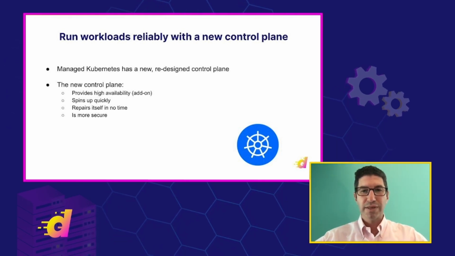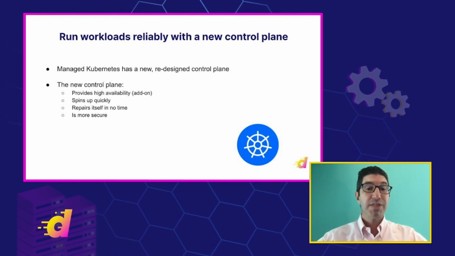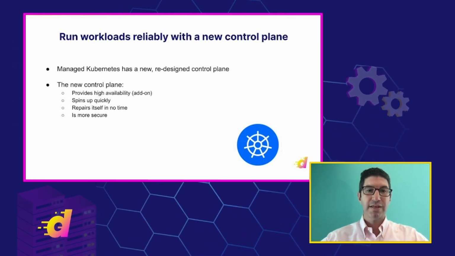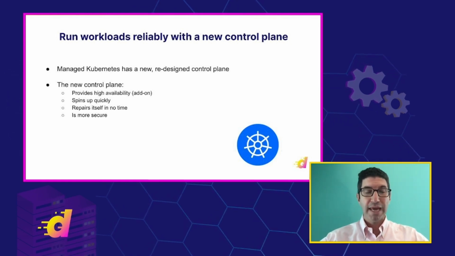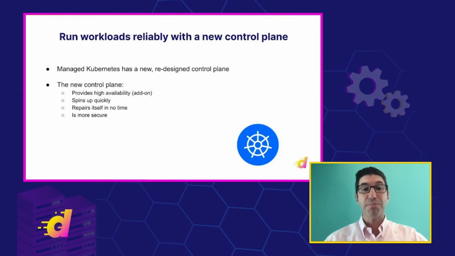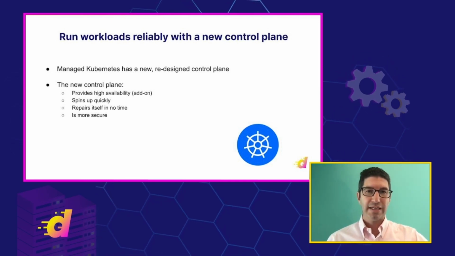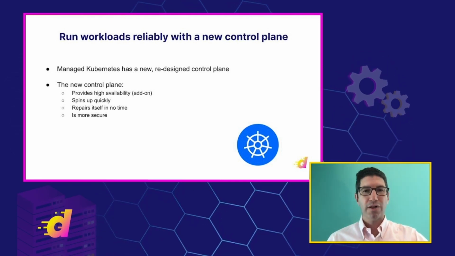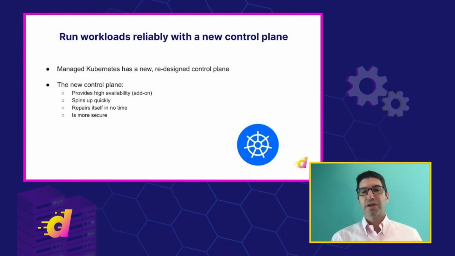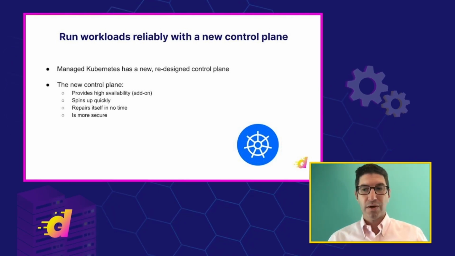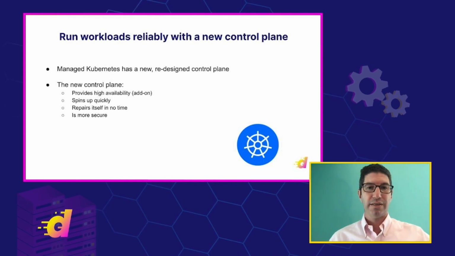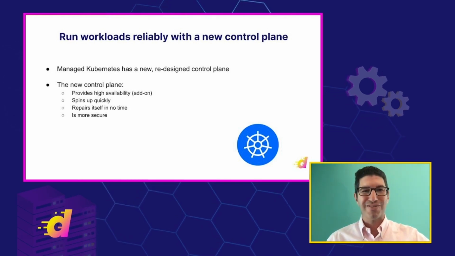So it's really bringing a lot more power and redundancy to DigitalOcean Kubernetes service. In addition, the redesigned control plane spins up faster, repairs itself more quickly, and it's much more secure. So all of these are reasons to look at upgrading your cluster or creating a new cluster on DigitalOcean using our Kubernetes service.